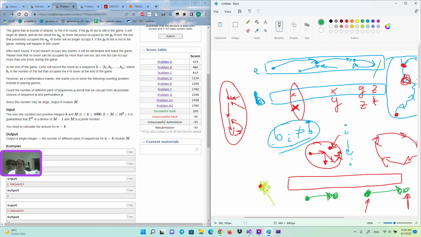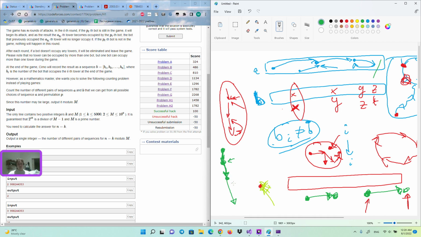For example, what is the path? Path is something like this, and it says that this vertex wasn't captured by anyone, and this vertex was captured by this. But this bot didn't die because it also captured this one.